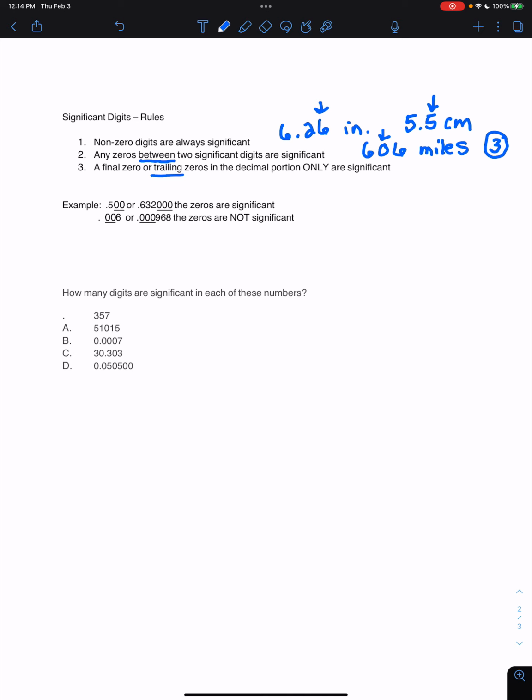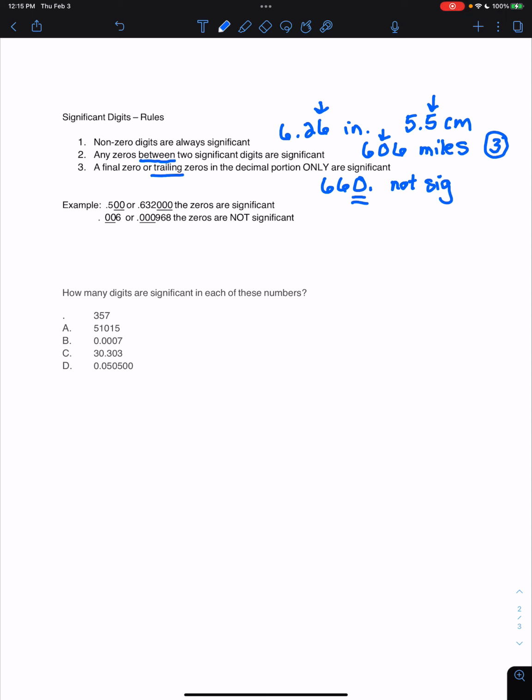So if we have a number, instead of 606 miles, 660 miles, this zero is what we call a trailing zero or a final zero. It is not significant because it is before the decimal place. We could put a decimal place there.